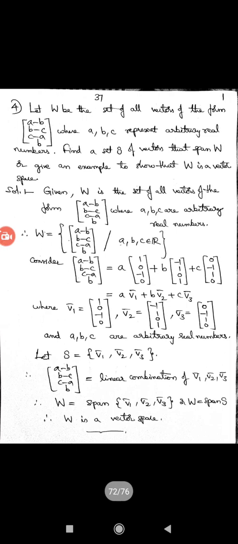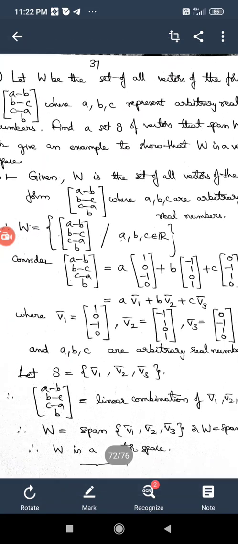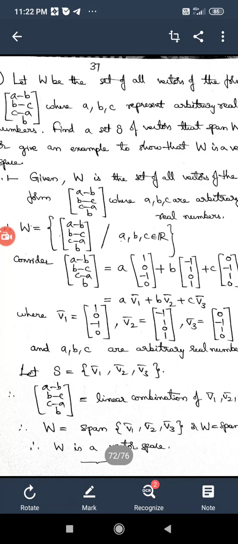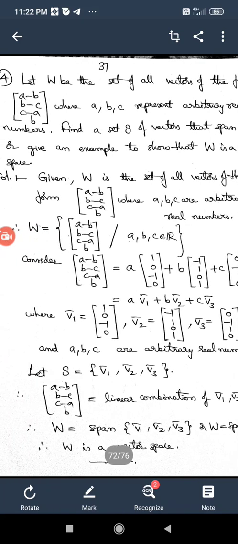Next, moving on to the next problem, let W be the set of all vectors of the form (a minus b, b minus c, c minus a, b). Even though there are so many variables, these constitute only 4 rows, 1 column, and that is how it is a 4 by 1 column vector, where a comma b comma c, those 3 variables represent arbitrary real numbers that is given in the problem.